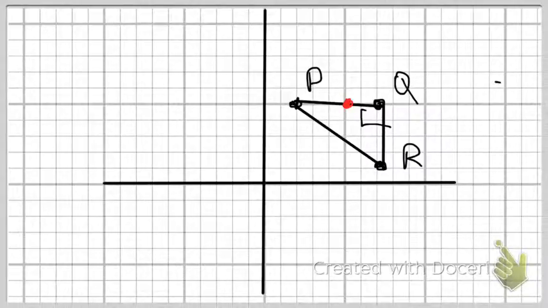Both y's are 5, so we stay at 5, and that makes sense even if we plug it back into the equation. 5 plus 5 is 10, divided by 2 is 5. So we look at 8 plus 2 is 10, also divided by 2. So we get our midpoint at 5. So we get an up and down line at 5, that would be x equals 5.